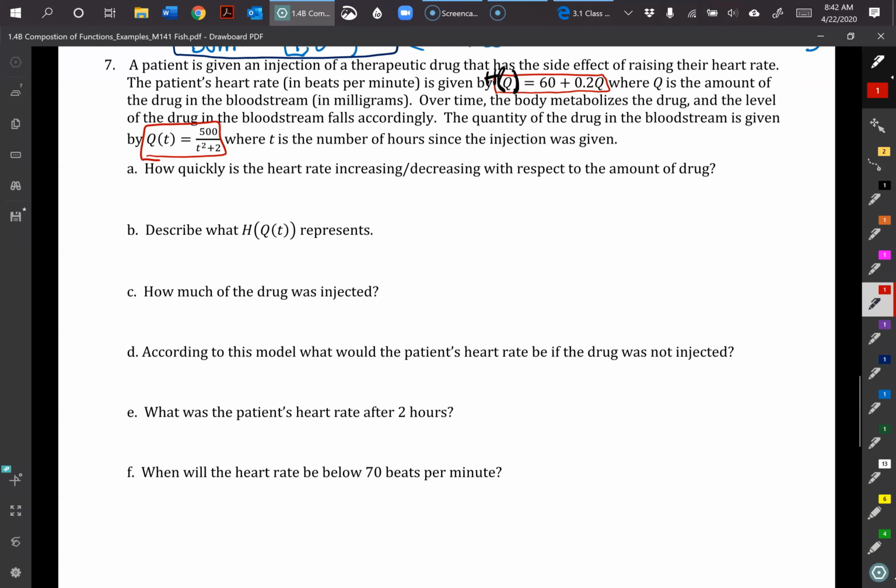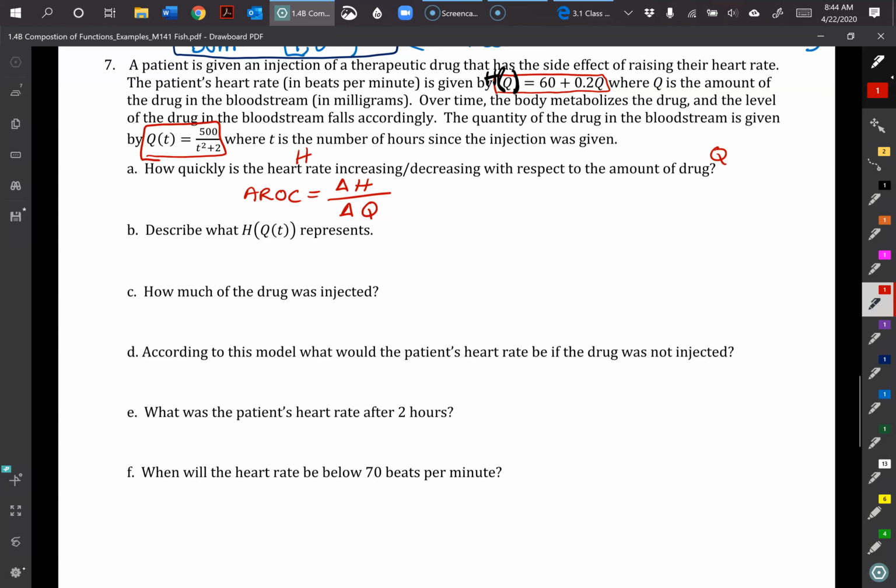Kind of makes sense, right? So we have to think about how quickly is the heart rate increasing or decreasing with respect to the amount of drug. We would have our rate of change. It's going to be our change in the heart rate over our change in the quantity, based on how the time passes.